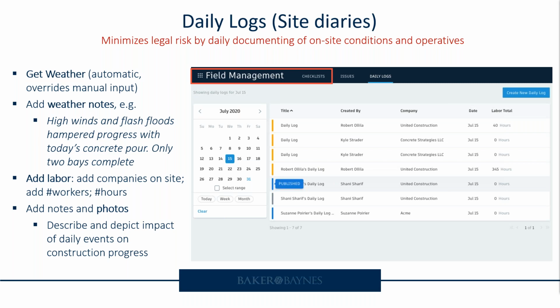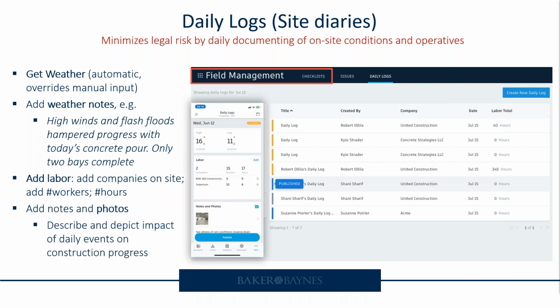Okay, and then you also have the ability to create daily logs or site diaries within this field management module. Now, information such as the weather is automatically populated into logs, and labor tracking is also easily populated. This can be done either on your web browser or on site, once again with your mobile device.